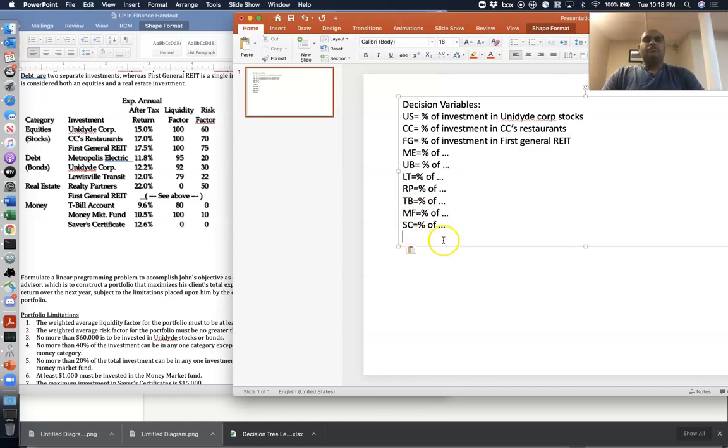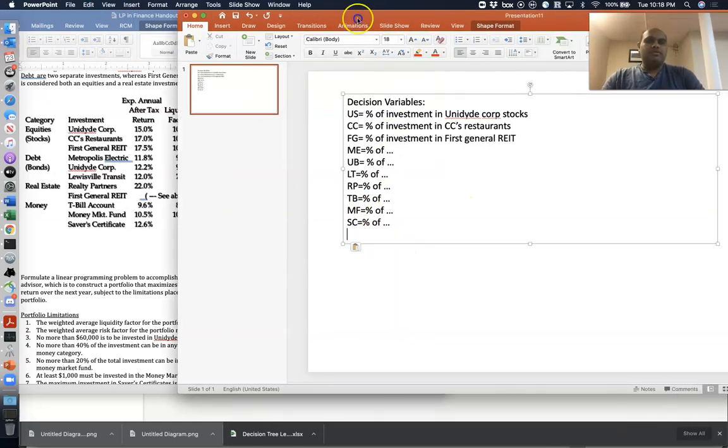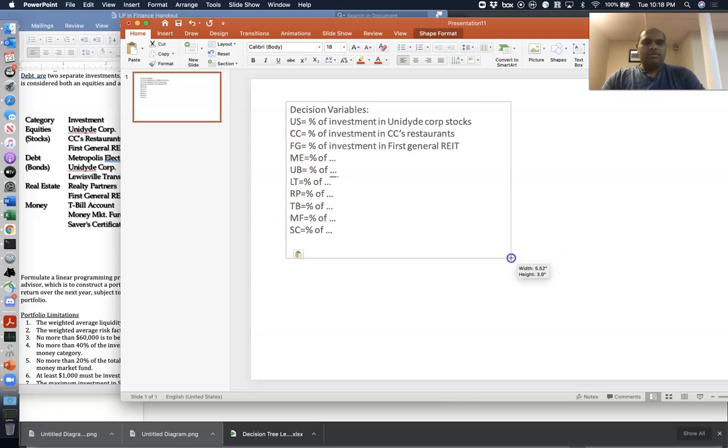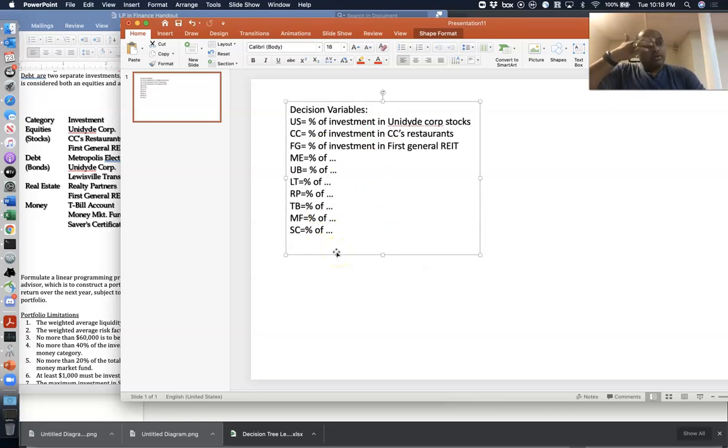So these are my 10 decision variables: 1, 2, 3, 4, 5, 6, 7, 8, 9, and 10. They're all the percentage of investment in each of these 10 different portfolio options that we have.